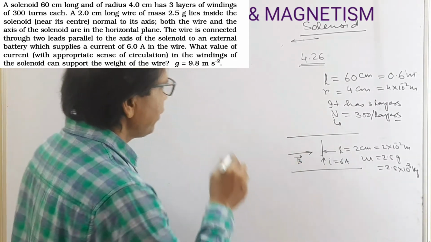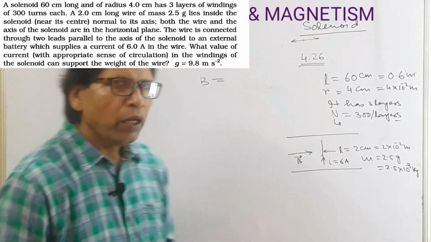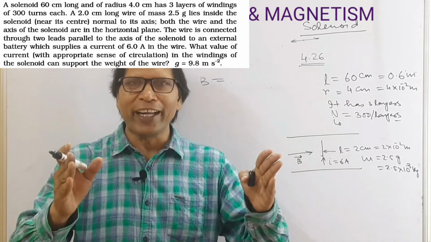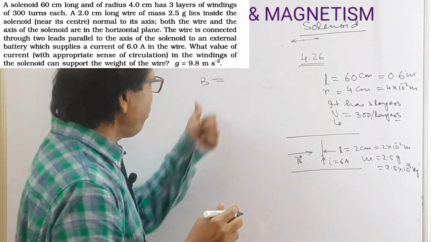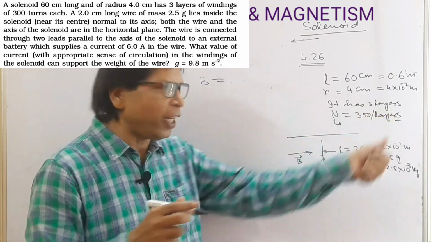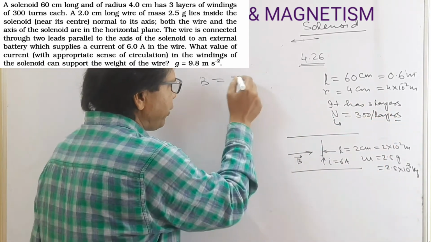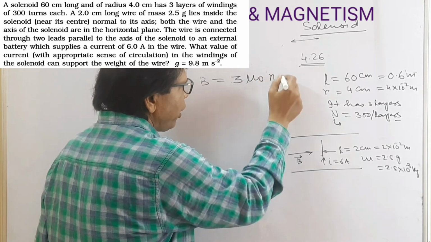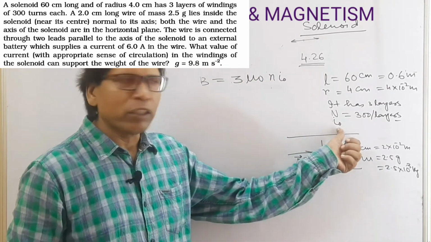Now look at this. Here B equal to the magnetic field inside the solenoid along its axis, B equal to mu naught Ni. As it has 3 layers, the magnetic field in this solenoid is 3 into mu naught Ni. Here I equal to I naught.